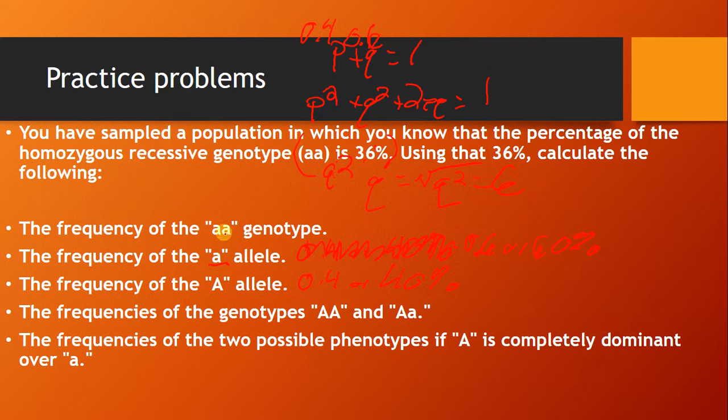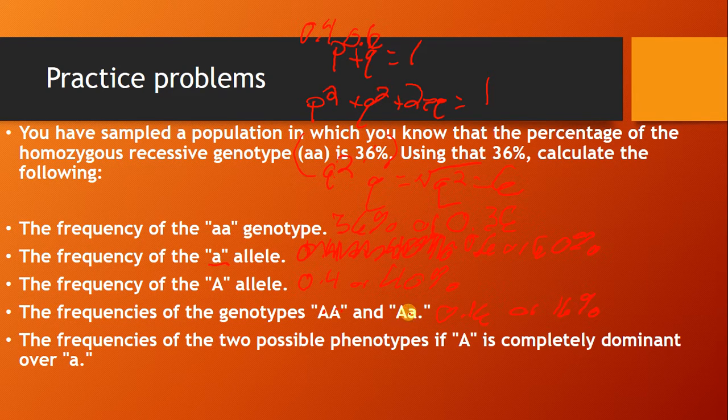The frequency of the aa genotype, they just gave it to us, was 36%, or 0.36. The frequency of the double dominant AA is 0.4 times 0.4, or 0.16, or 16%.